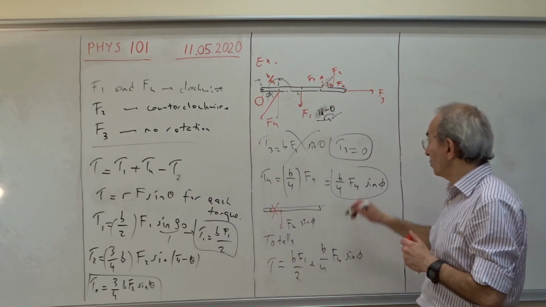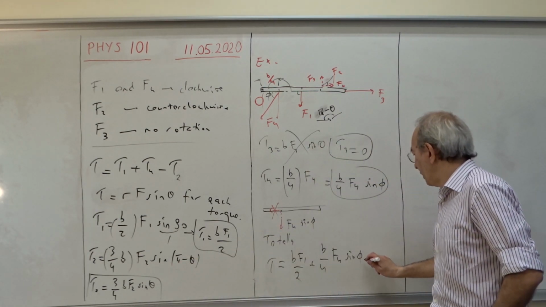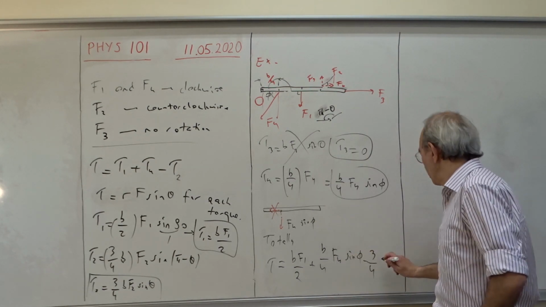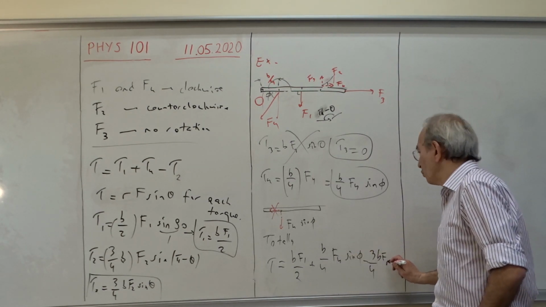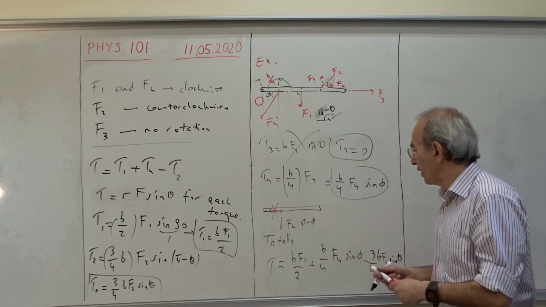That one will be subtracted, the other is already 0, obviously. So this one is negative now, negative 3 over 4 b F2 sine theta. So this is the final result.